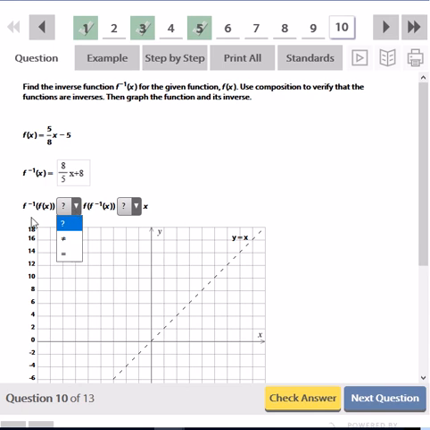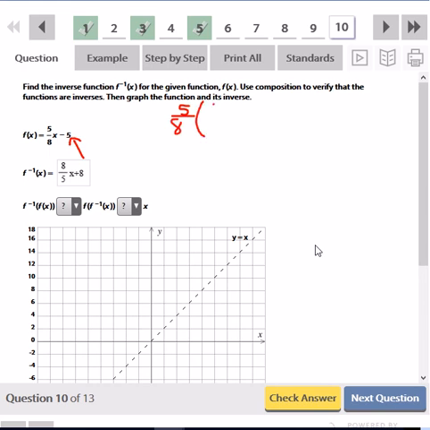Now here, this is a composition. It says that the inverse composed with the function is either going to be equal to or not equal to the original. So let's compose both of these. If I were to first plug the inverse into the actual function, then I would have 5 over 8.